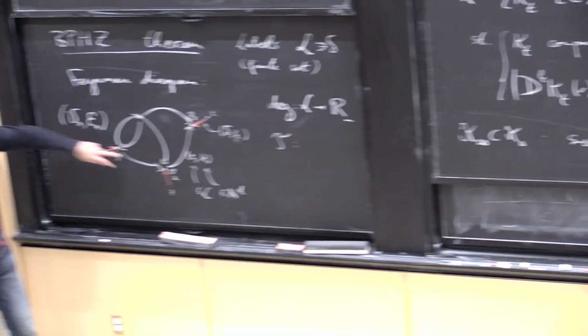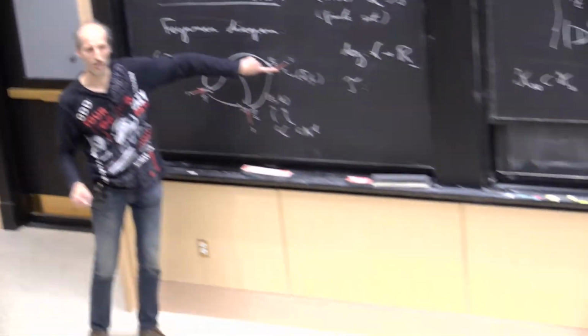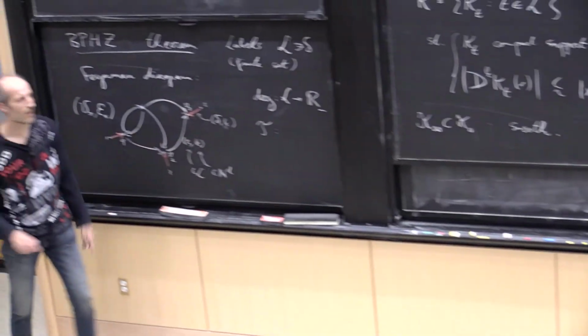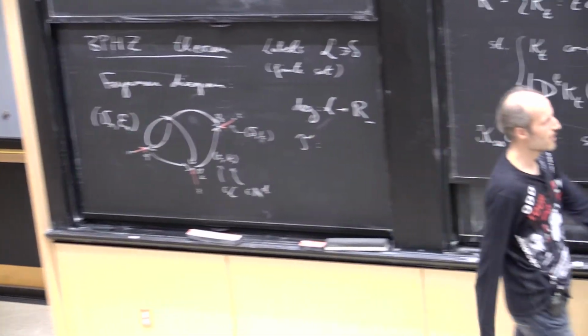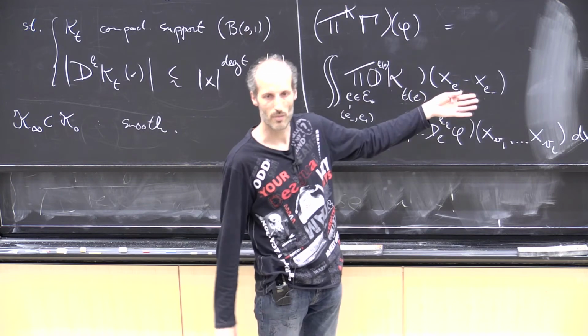So I have this numbering of the legs, which tells me which variable of the test function I consider here. So here I have just some big multiple integral.